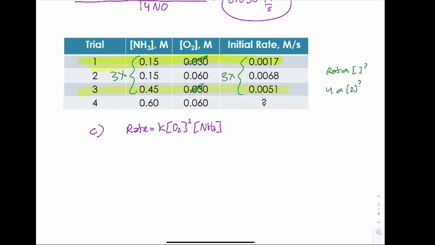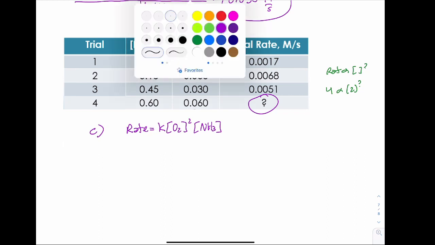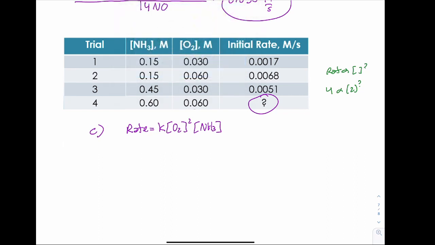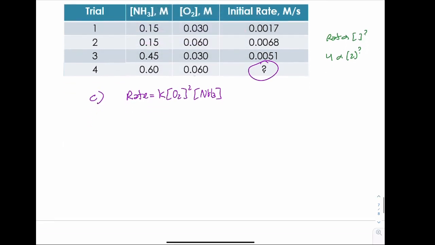One part left, and that's to determine my rate for trial 4. So we do need to first solve for my rate constant. So I'm going to use trial 1. You could use 2 or 3. It really doesn't matter.